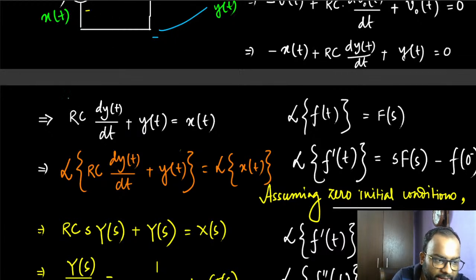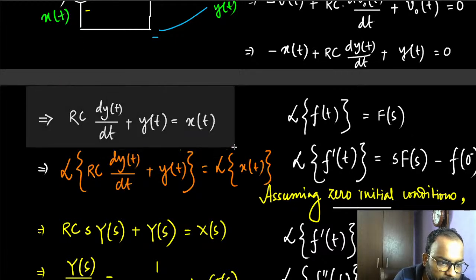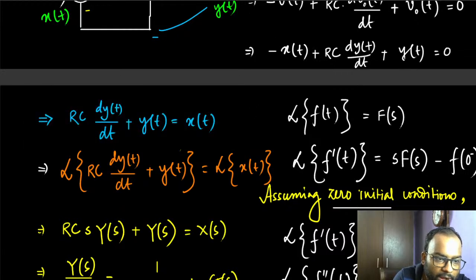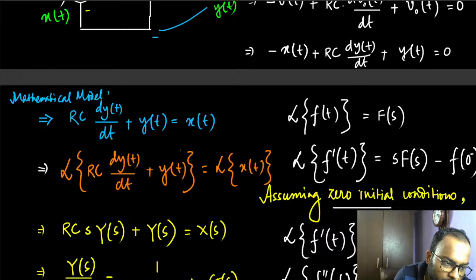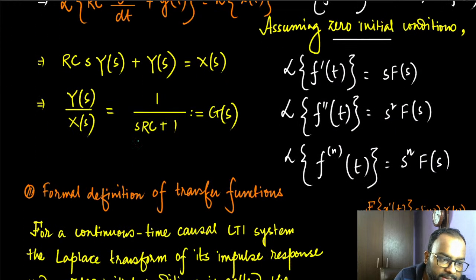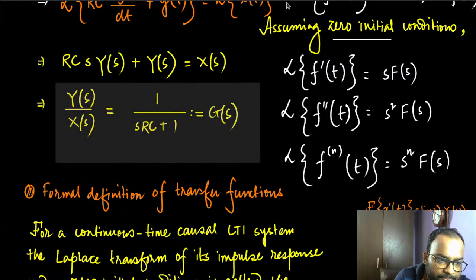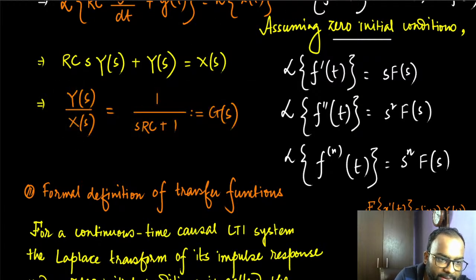Let me just make it very clear: this equation is what we call a mathematical model of the system. Similarly, this is also a mathematical model of the system.